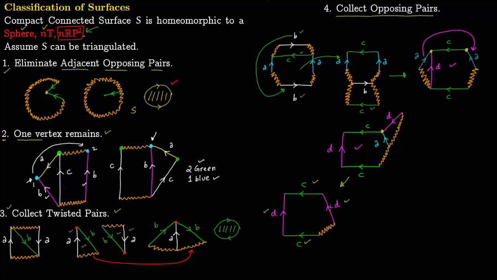If all you get is just toruses like this, as we have seen, a connected sum of n tori, then you end up with nT2 and you're done.